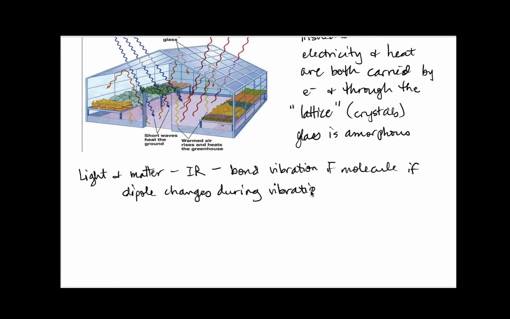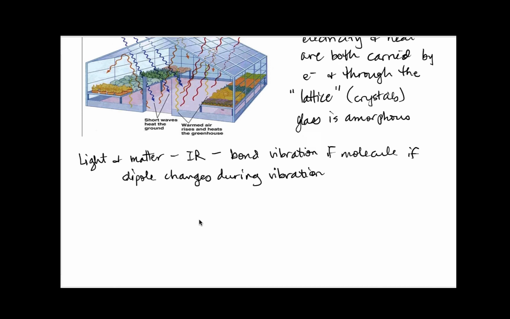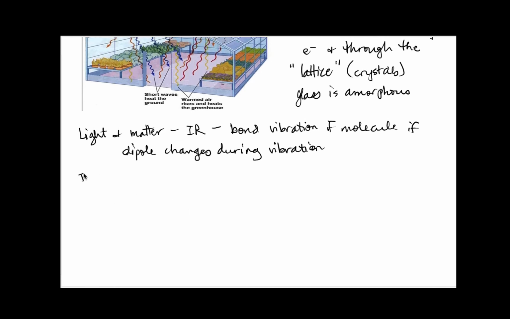So just to make sure that everybody is 100% up on what we're talking about here, let's quickly review what we mean by a dipole. So a dipole is where you have a bond, and the two atoms in this bond have unequal sharing of the electrons.